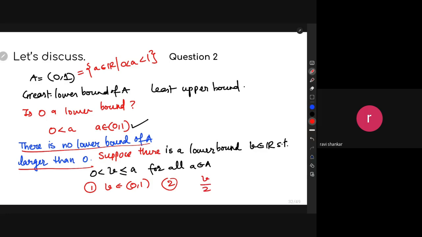B by 2 is an element which is smaller than B, and B by 2 is still a positive number. So B by 2 is smaller than B, but it is larger than 0. So B by 2 is in 0 comma 1 and it is smaller than B, so it contradicts the assumption that B is a lower bound.